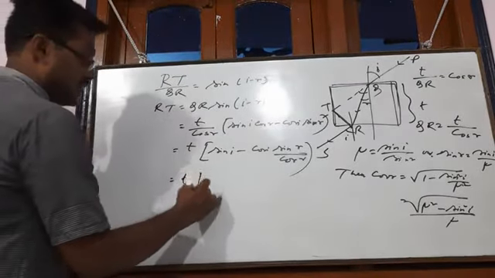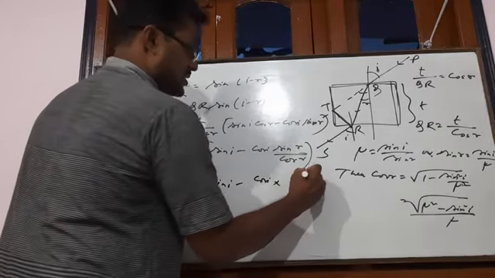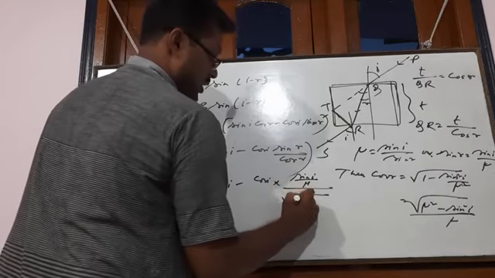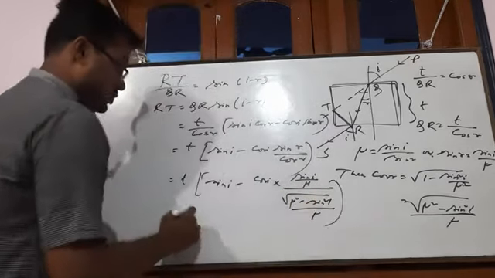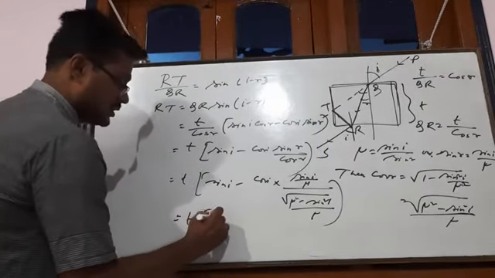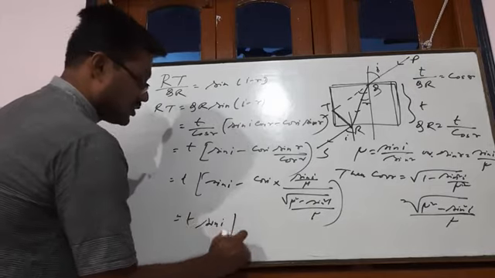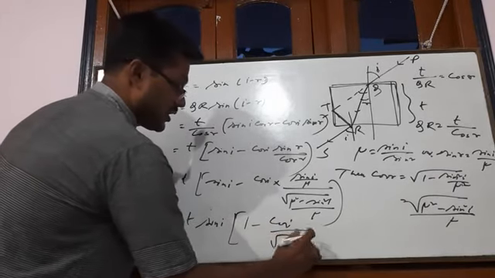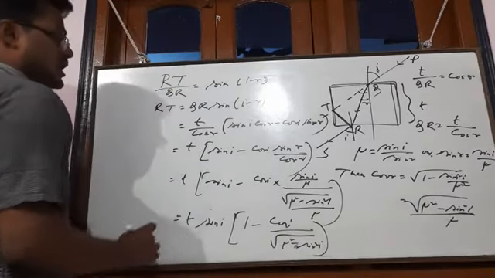So here T sin I minus cos I, sin R means sin I by mu, and cos R means root over mu square minus sine square I by mu. So we can take out sin I as common: 1 minus cos I by root over mu square minus sine square I.